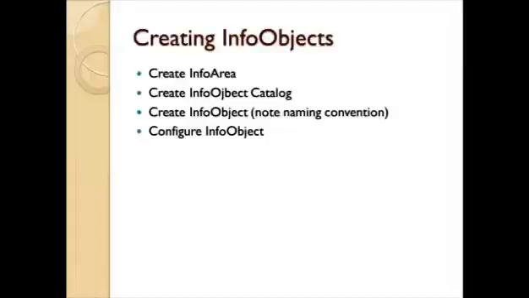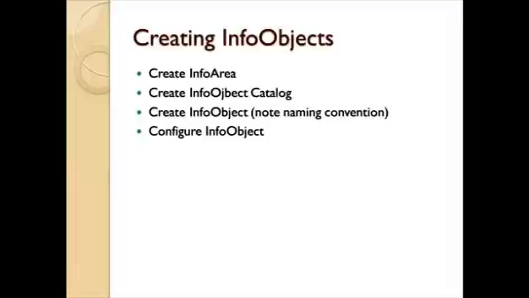All right, when you're ready to create info objects, which is described in detail in the book, which you will also follow as part of your assignment, first you will create an info area. But as I just mentioned, an info area has been created for each student, so you can skip that step in your assignment.